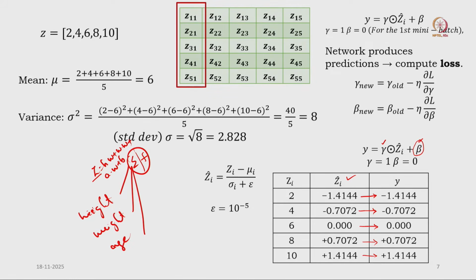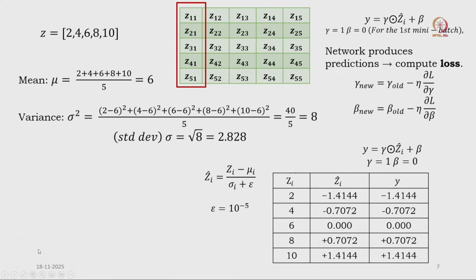We have normalized that z value and then we have scaled and shifted, and whatever y value we have obtained is now passed to an activation function, max of 0 comma y. So far we passed z directly, now it is these values that are passed to an activation function. This is how batch normalization is.